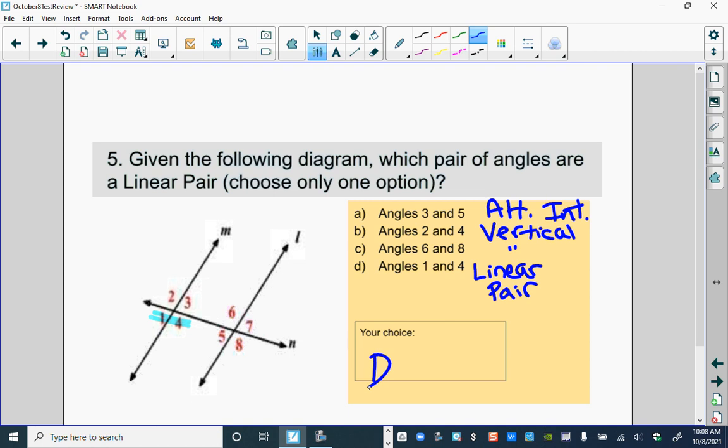That's something we all need to remember. Not only do you have a linear pair, but the linear pair adds up to 180. So again, measure of angle 1 plus measure of angle 4 is 180.